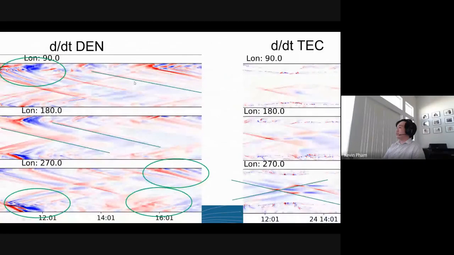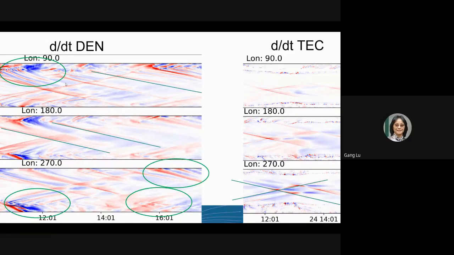That's good to know, because since these are all at a constant longitude, as you move forward in time, they move to a different local time. That's right. And the latitude changes, so the temperature will change too.